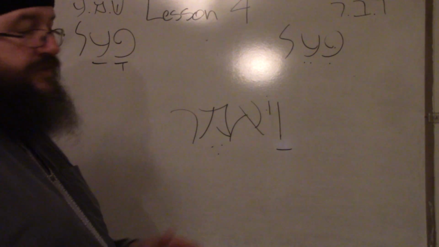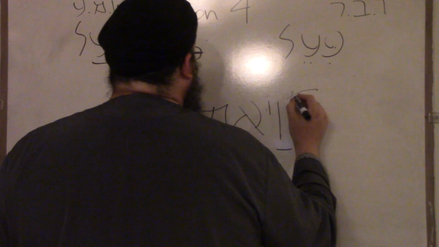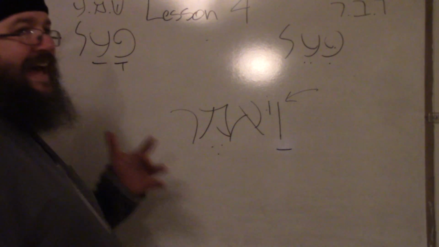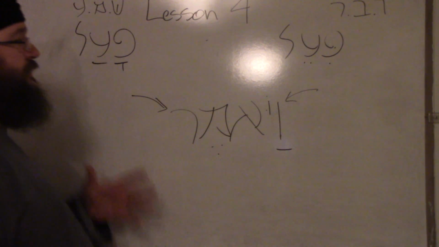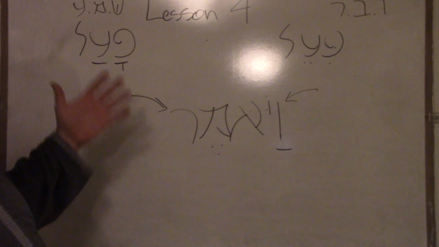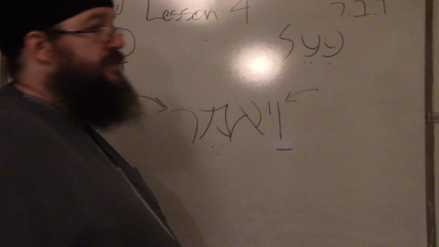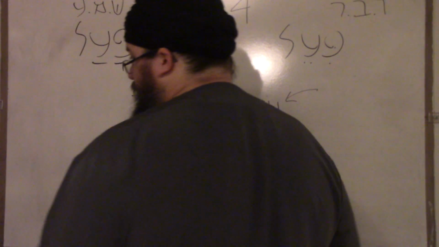Remember, we said prefix always means what? Something's been added to the front. If it's affixed, we're talking about something that's been added to the end. We know that if it's affixed, we're talking about past tense. If it's prefixed, we're talking about something in the future, or something added to the front.